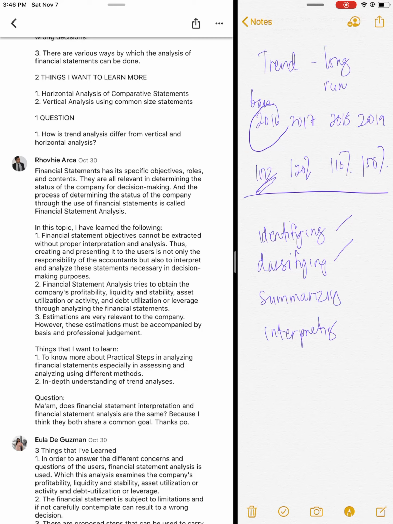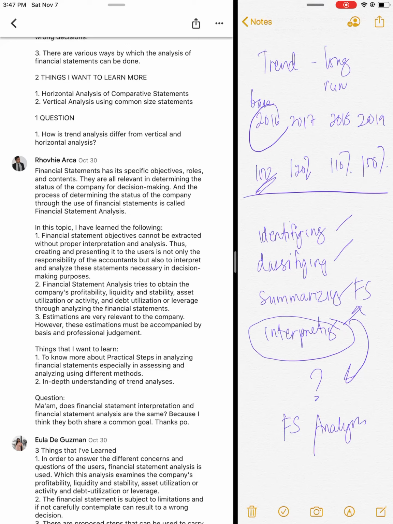So when you identify your record, when you classify, you put it in the ledger. When you summarize, you put it in your financial statements. And in order to interpret your financial statements, the question is, how are you going to interpret your financial statements? Diyan papasok si FS analysis.